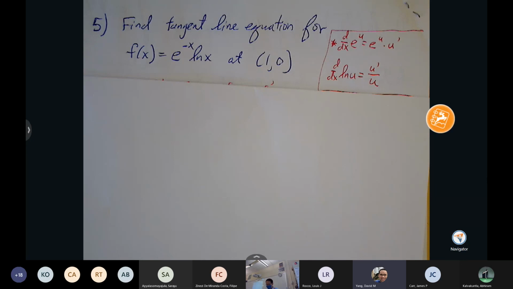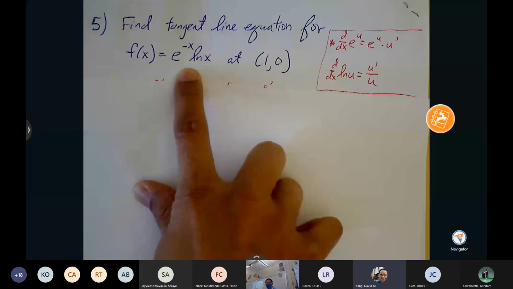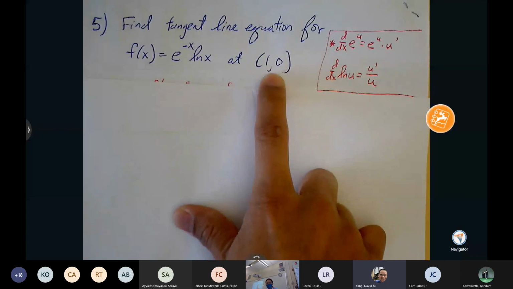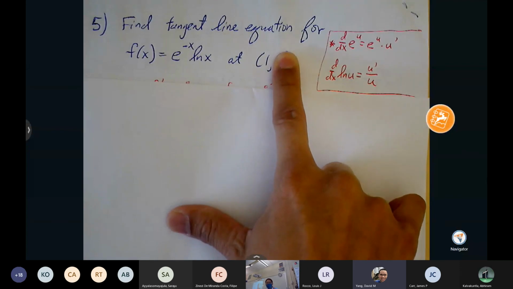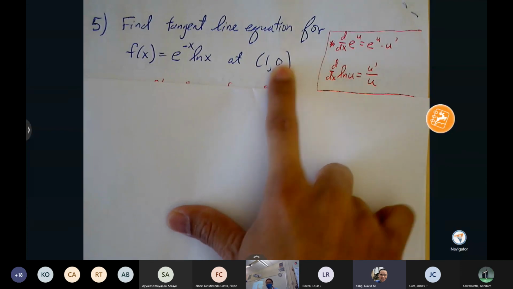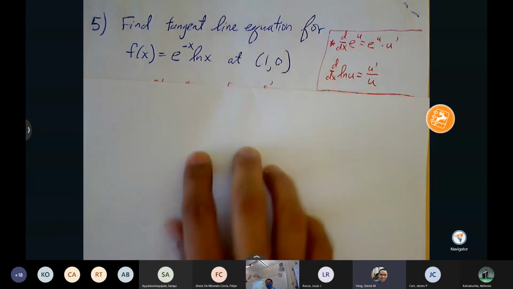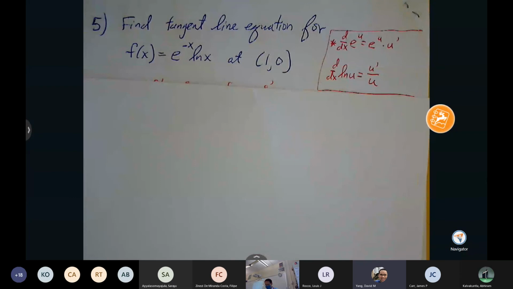So what do we need to do first? Plug in. Well, if we plug in, we'll get 0. We already have the ordered pair, so I think we're good. But if I only give you the x value, then you would plug in to find the y value. But we already have the ordered pair, so that's good. What's our next step? Find the derivative.